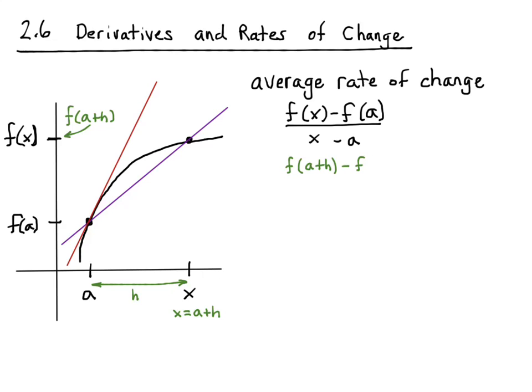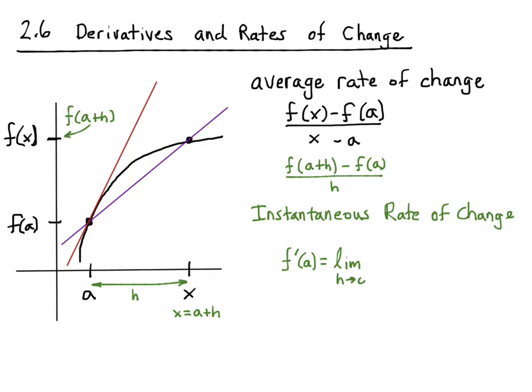And so that difference quotient then, just by substitution, turns into f at a plus h minus f at a over h. And then as we make that average rate of change closer to the point a, what we get is an instantaneous rate of change, and we're going to define this as the derivative at that point.